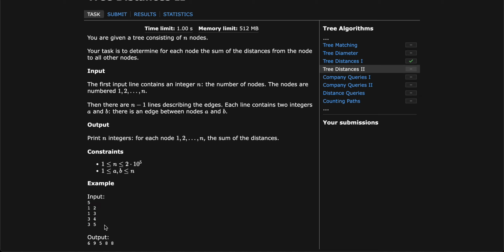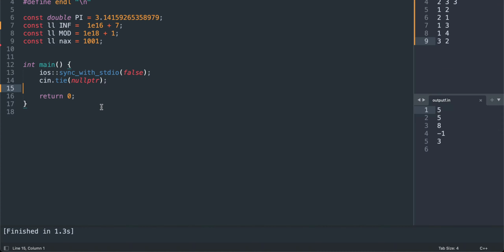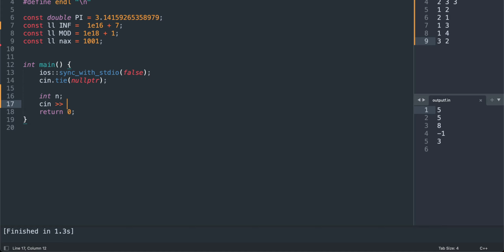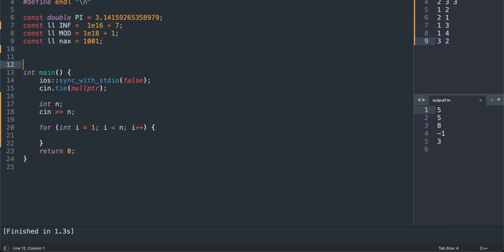And n minus 1 edges, okay. Let's define our adjacency list of next.